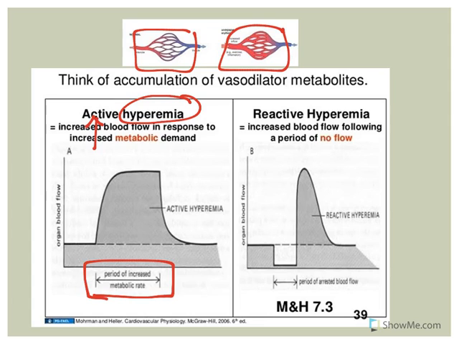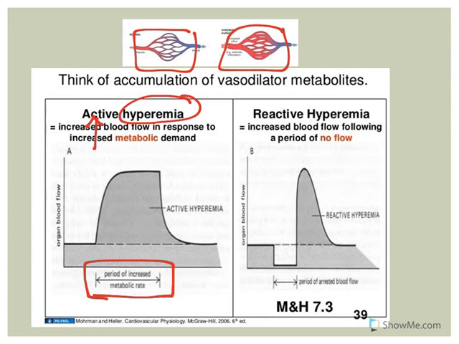During periods of increased metabolism, you'll be producing, say, more carbon dioxide, maybe a little bit more lactic acid, requiring more oxygen. All of those would result in a relaxation of vascular smooth muscle, which would decrease resistance and increase flow.